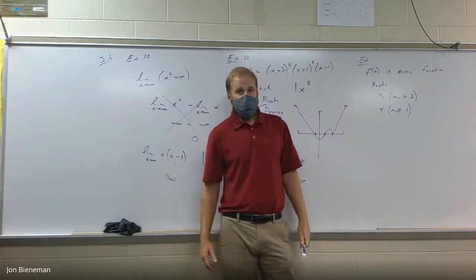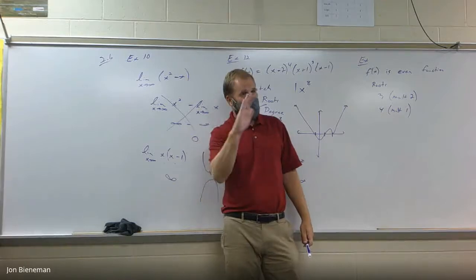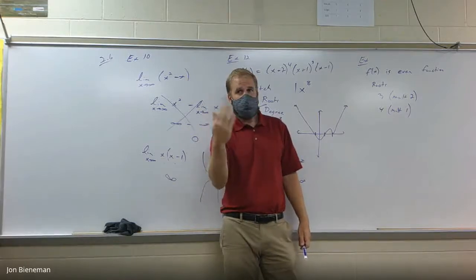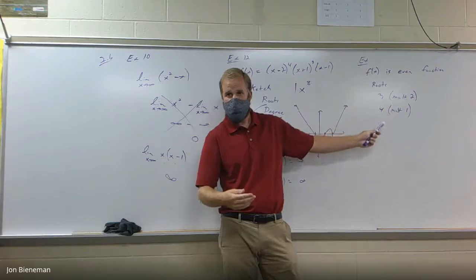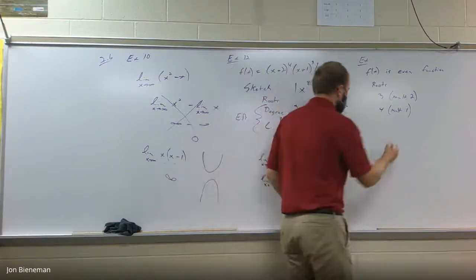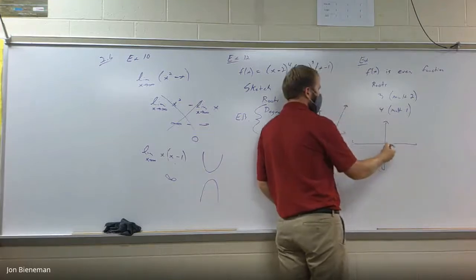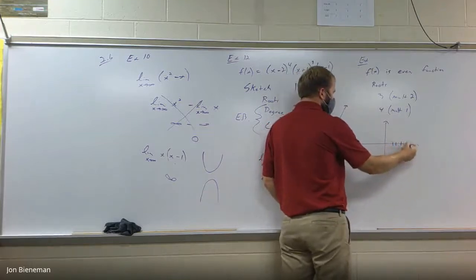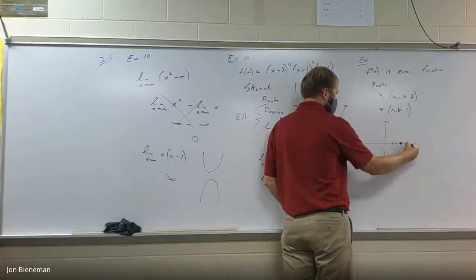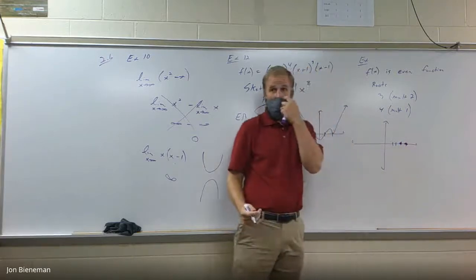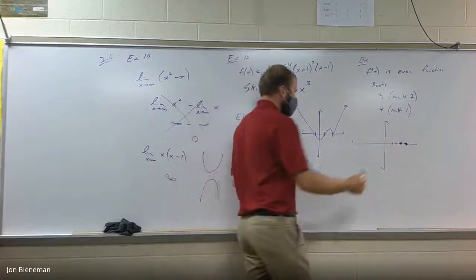You have to pay close attention to that because being an even function makes it a mirror image, which means you got some additional roots. All right, so 3 and 4. You know what the other ones are? -3 and -4. Very good.